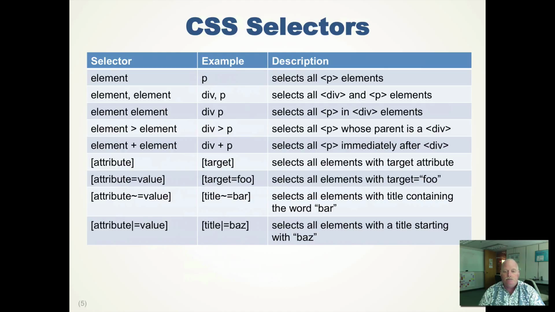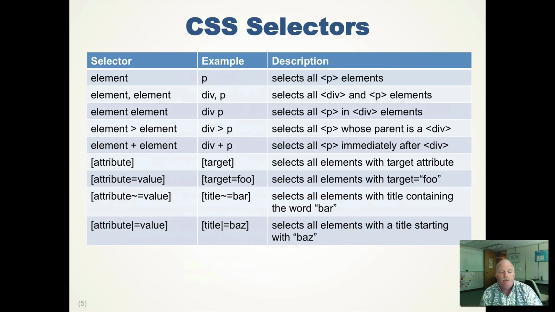Attribute contains is tilde equals value: elements with the title containing bar. So it's the value in the attribute's value. You could say class tilde equals and something, because the class attribute can have many different classes in it.